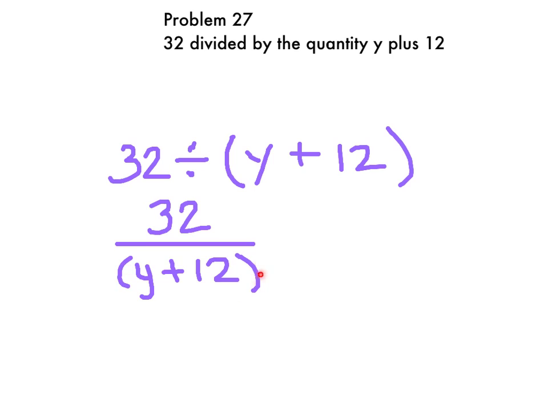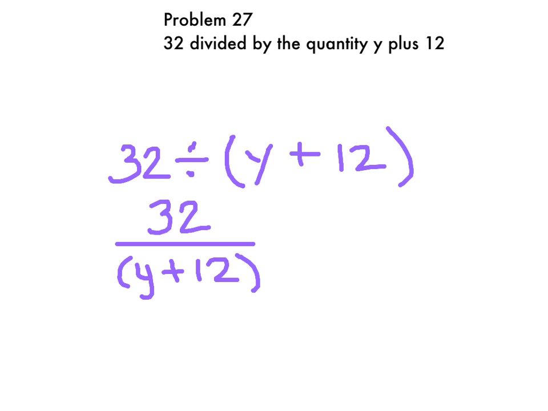So whenever you see the quantity, it tells you it has to go in parentheses. So the first question is, why do I put y plus 12 in parentheses? And you're going to tell me because it said the quantity of.